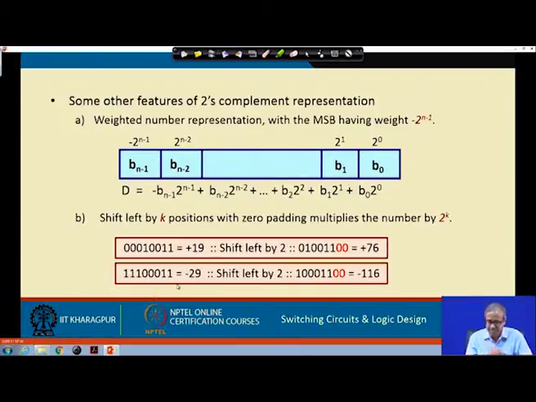Even take the case of negative numbers, minus 29 is this, you can check. Shift left by 2, 2 zeros are inserted, it is minus 116. So, minus 29 multiplied by 4 is minus 116. So, shift left by every position is equivalent to multiplying a number by 2. If you shift left twice, multiply by 2 squared.